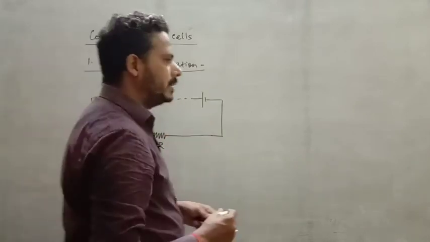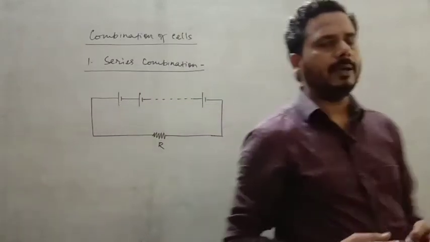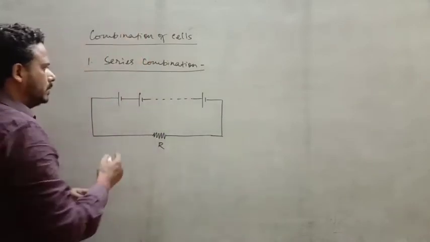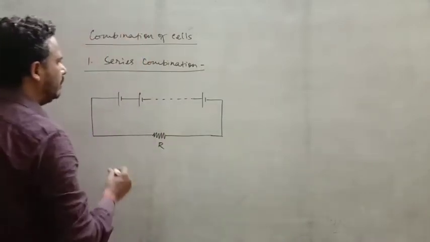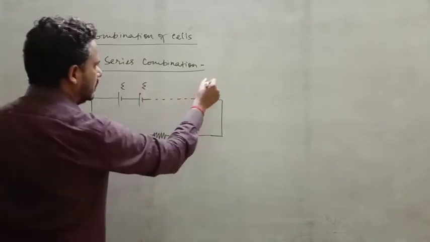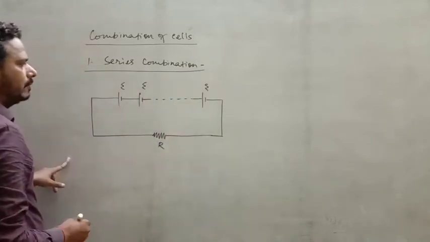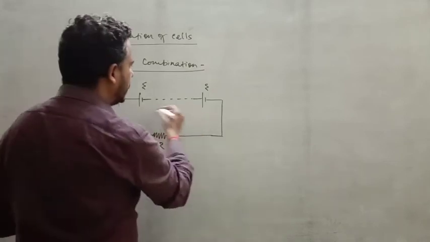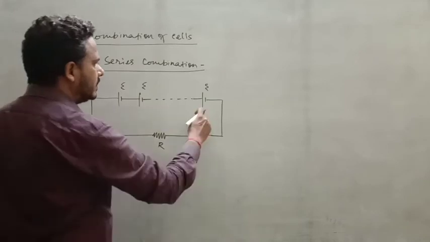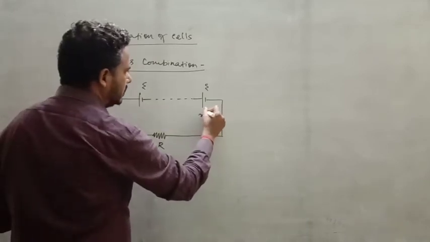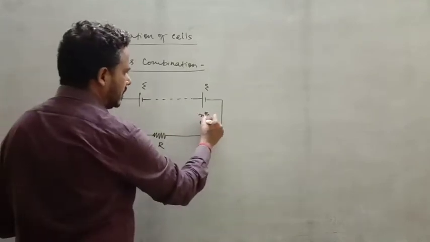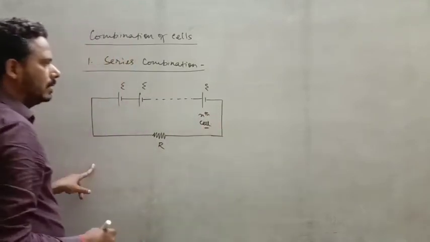Each cell has the same EMF, so let us suppose each one has EMF E. And we have n number of cells connected, so this one is the nth cell.